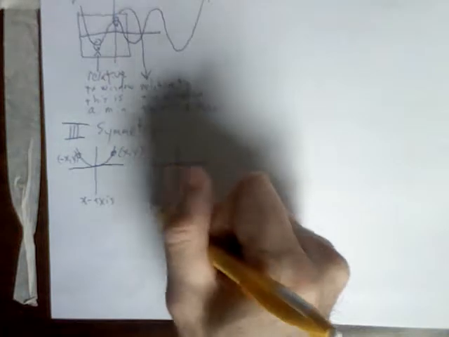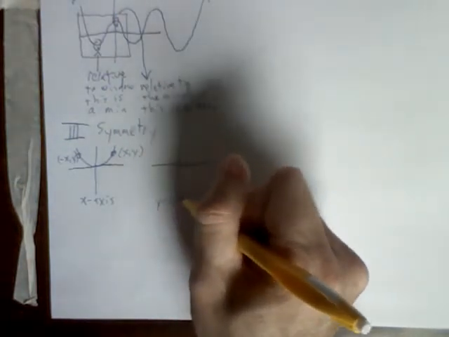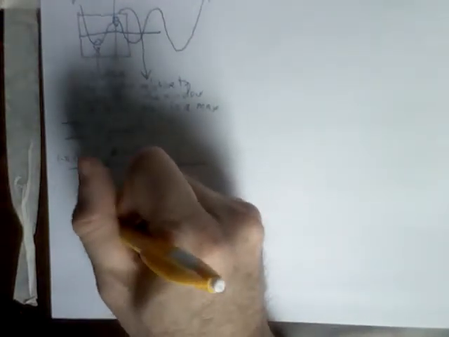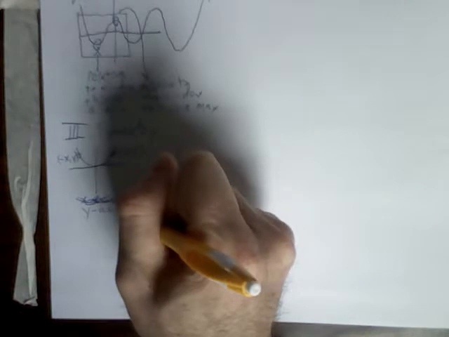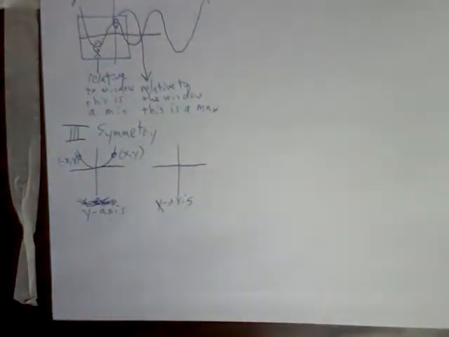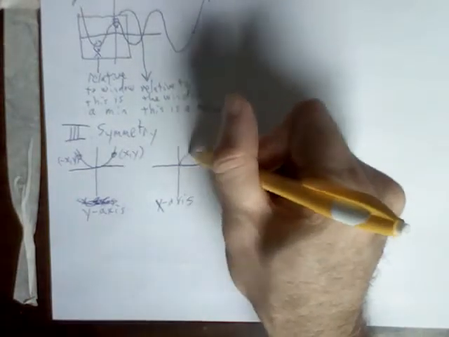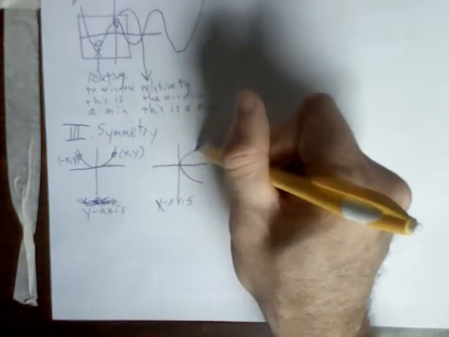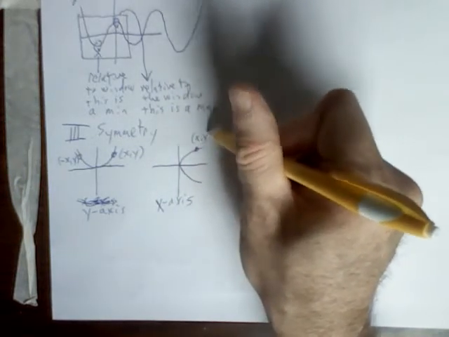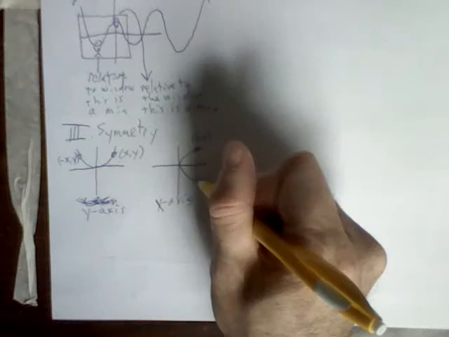Then we also have y-axis symmetry. Whoops, this is y-axis symmetry, sorry. We also then want x-axis symmetry. So for x-axis symmetry, if the point x, y is on the graph, then the point x, negative y is on the graph.